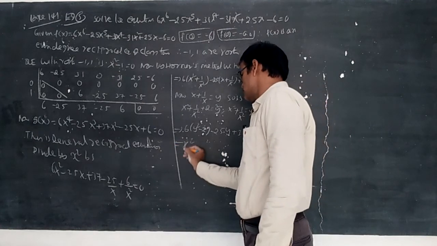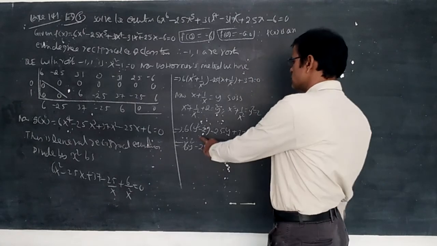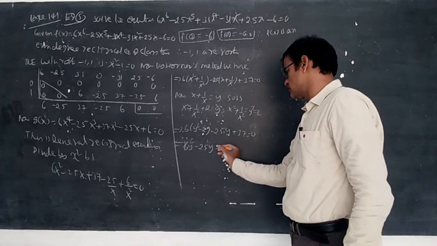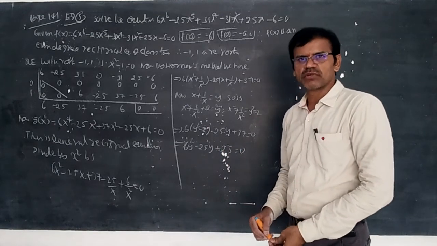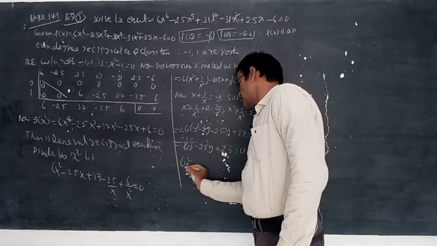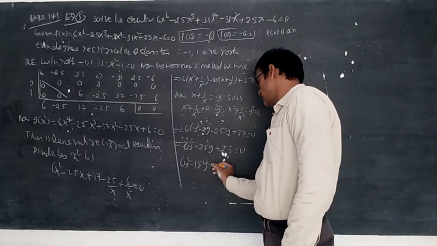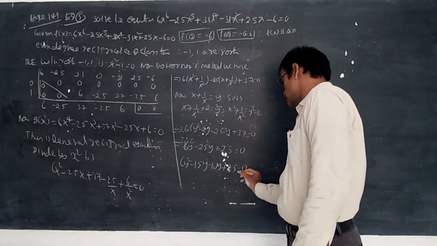That implies 6y square minus 25y, this is minus 12. So minus 12 plus 37 becomes 25. 6 into 25 means 150. Splitting the middle term, 6y square minus 15y minus 10y plus 25 is equal to 0.